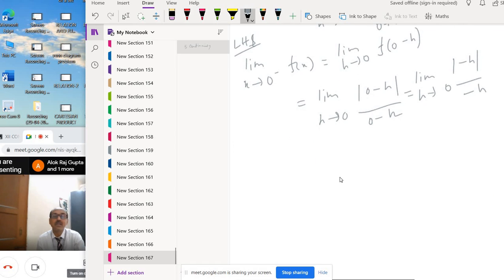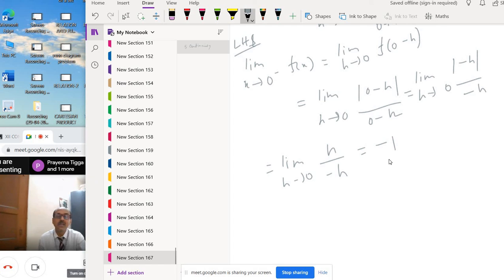Mod value is always positive, so mod of minus h means h only, and divided by without mod, so you have to write minus h. And h by h cancels, so minus 1.